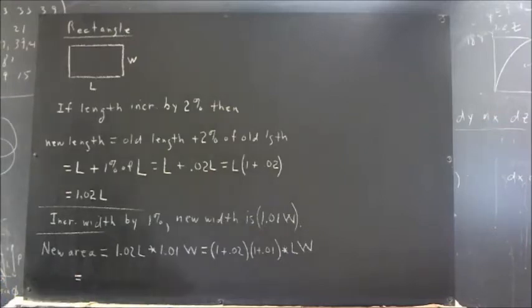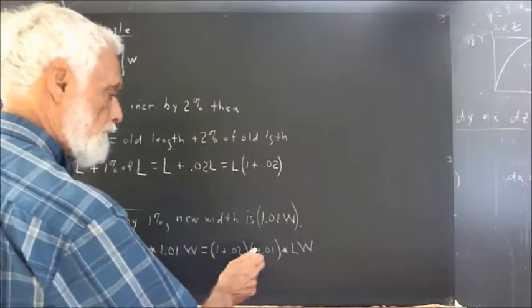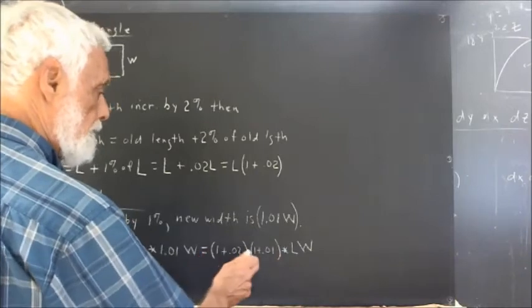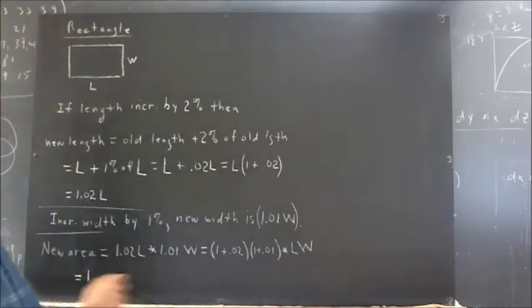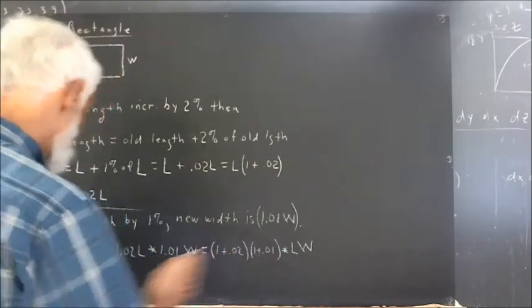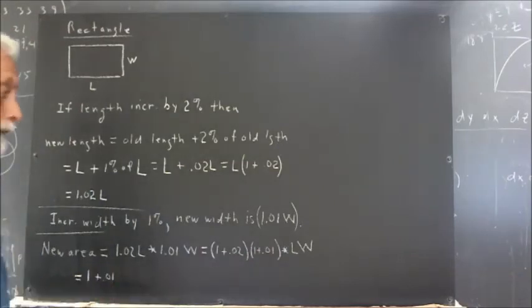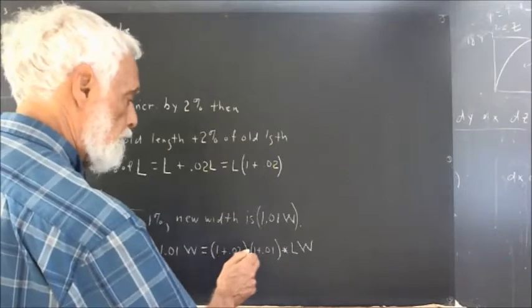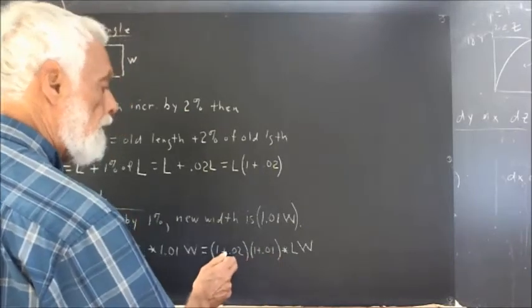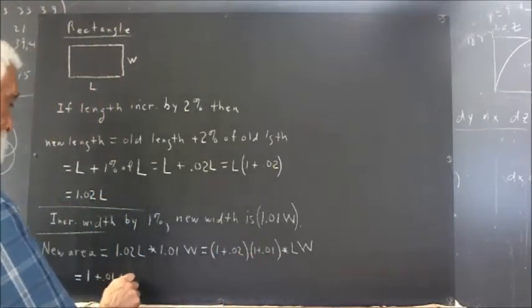Okay, so 1 times 1 plus 0.01 is 1 times 1, which is 1, plus 1 times 0.01, which is 0.01, plus 0.02 times 1 plus 0.01, that's 0.02 times 1.